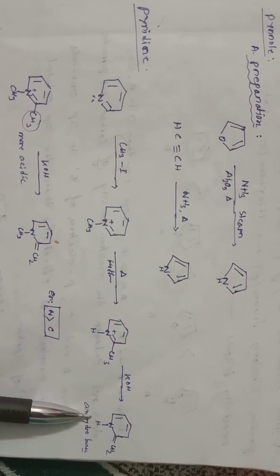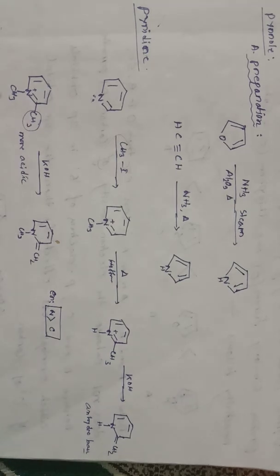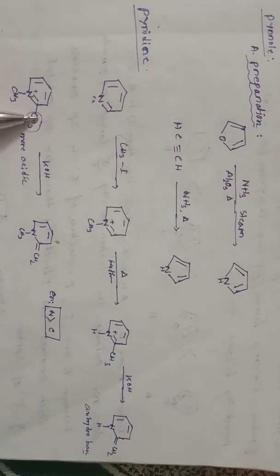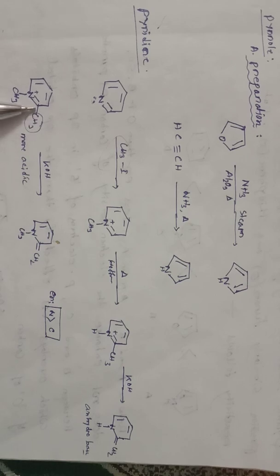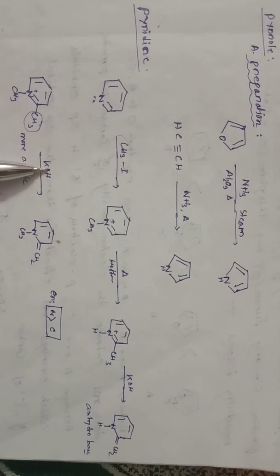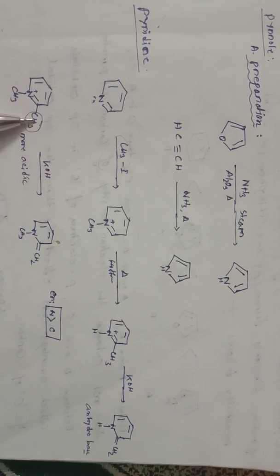Now it is important to think: if two methyl groups are already present, one methyl group at the C2 position and one methyl group at nitrogen, then if we react with KOH, which proton will be abstracted by the OH minus? Here this proton will be abstracted by OH minus.